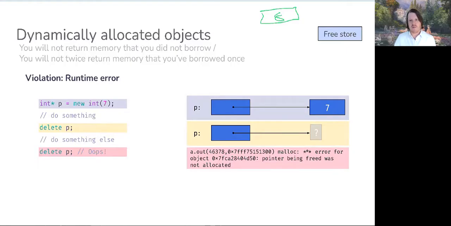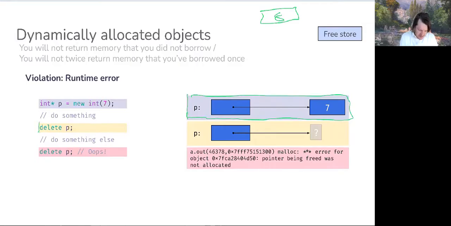So let's look at this with a C++ specific example. Hopefully the storage unit example helped illustrate or motivate this a little bit. But let's say we request from the free store manager a dynamically allocated integer, and we store the address to that object in P. P is pointing to an object on the free store that is initialized with the value of 7. Let's now say we do something and it's time to return that object.